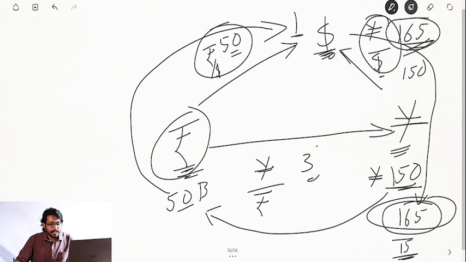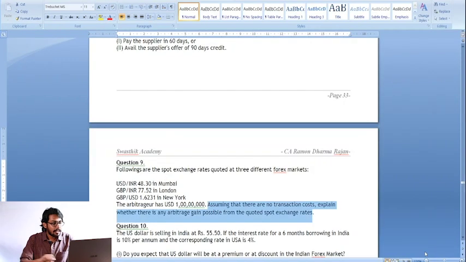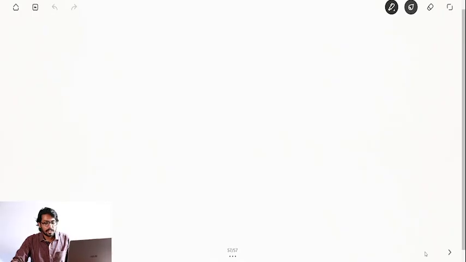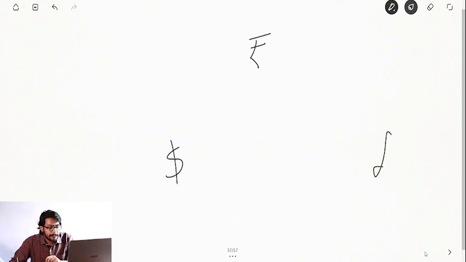Similarly, in this question, is the cross rate correct? Is there any mistake in the market? Let us check it out very quickly. So you have rupee, dollar and pound.